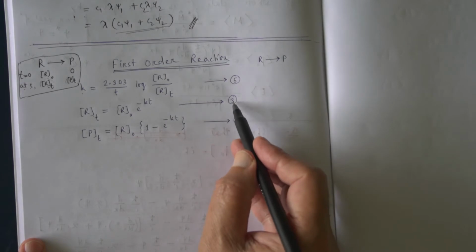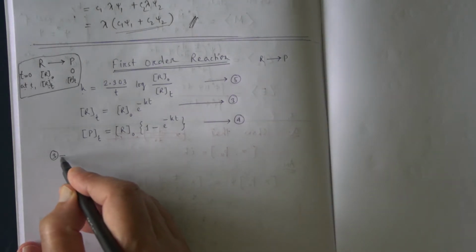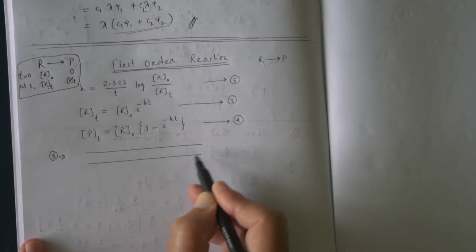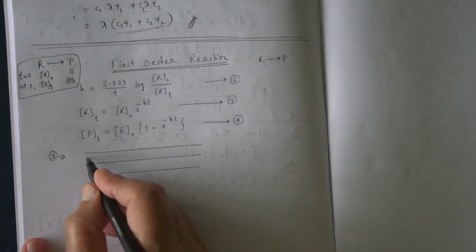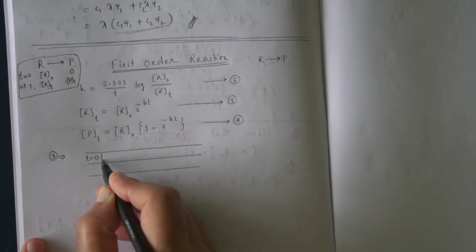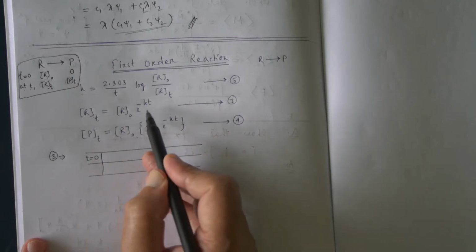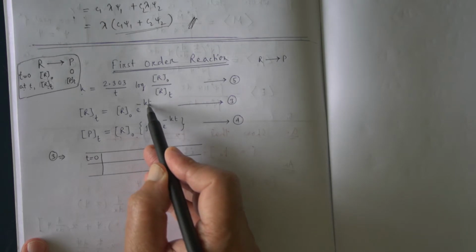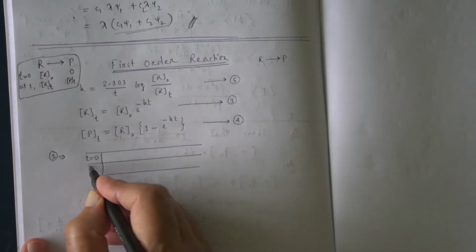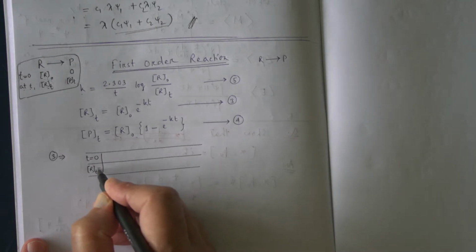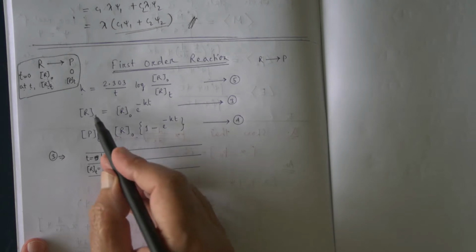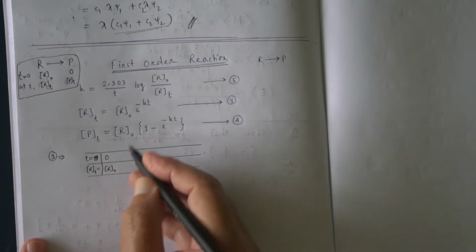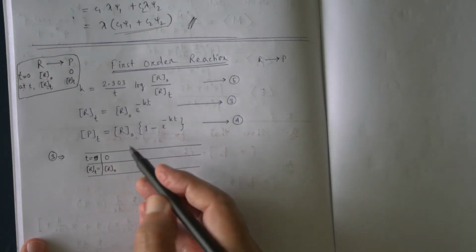Now, here from equation 3, okay, let us see one thing. Say, let me make a table. Say time equal to 0. When time equal to 0, e to the power 0 equal to 1, okay? Then concentration of reactant at time equal to 0 will be R naught, e to the power 0, R naught.